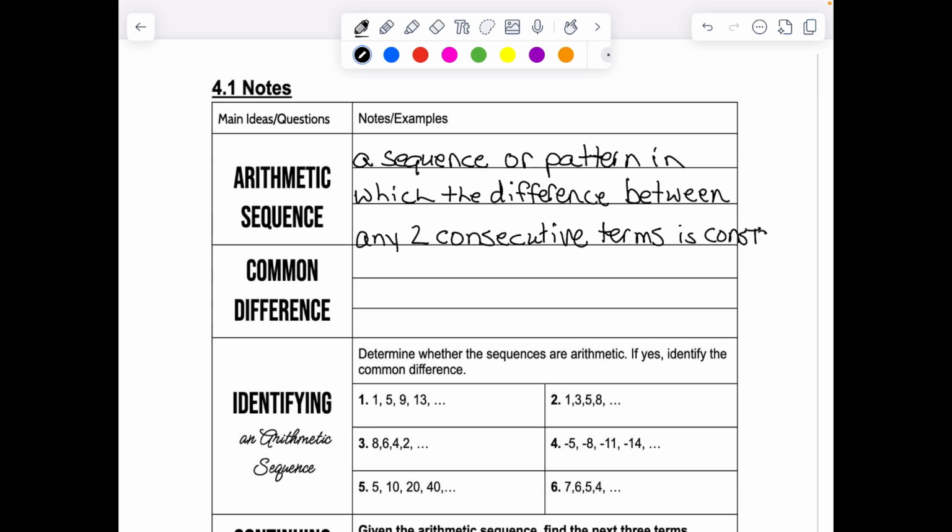So it's the same. So if you have a list of numbers, the difference between any two numbers is always going to be the same.